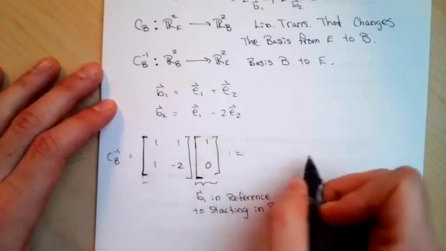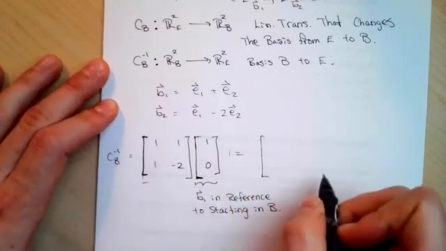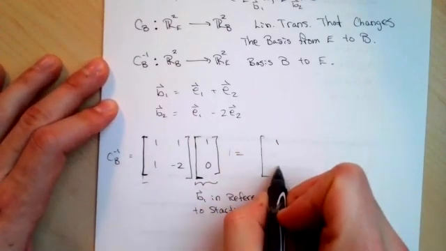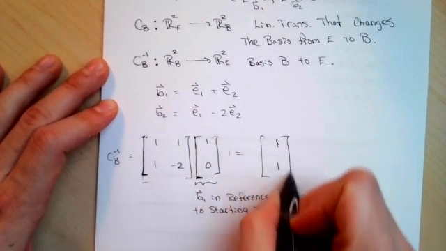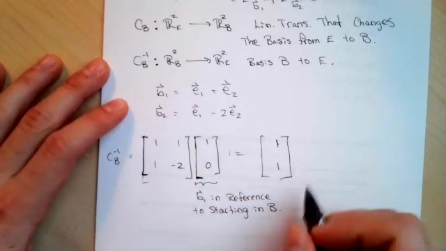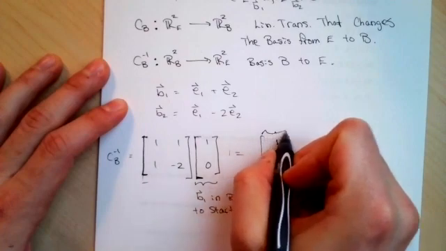And then where is this going to end up? It's going to end up as 1, 1. But again, what is this now?